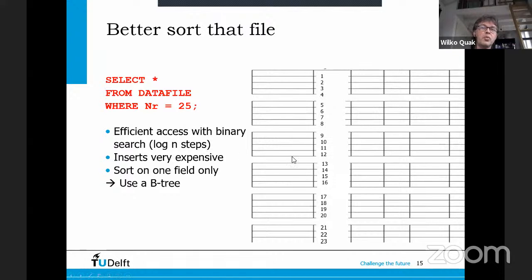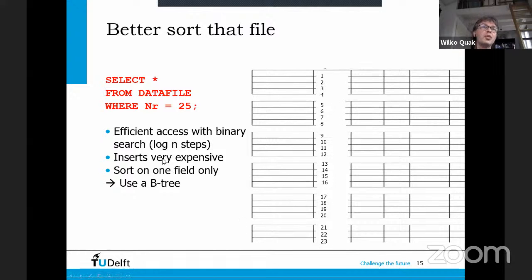Each time, you look at one value in the data exactly in the middle, and each time you throw away half of your problem, or you found your data, because each time you halve the number of disk blocks that you have to look at, and that means log n. So this is really efficient for searching.